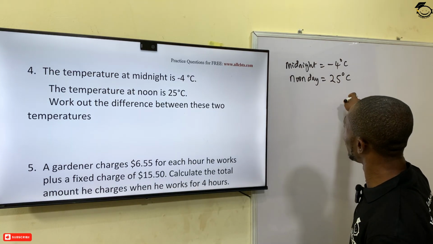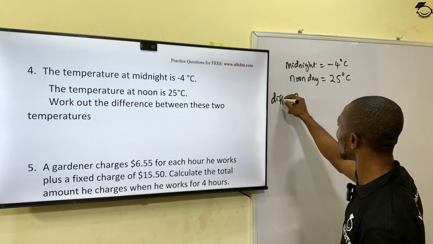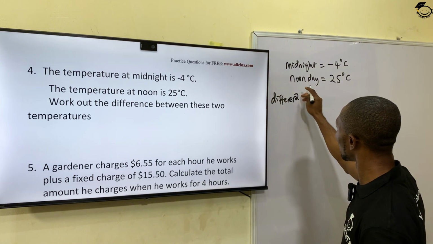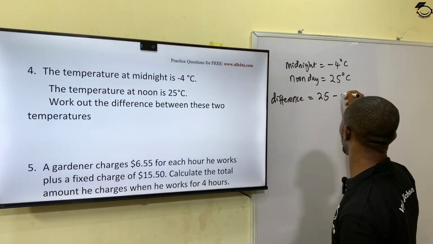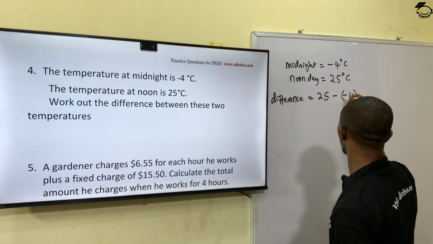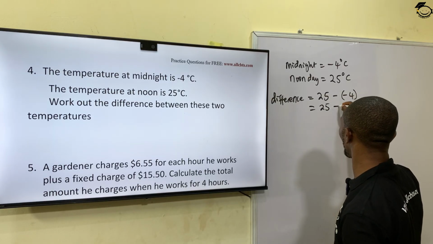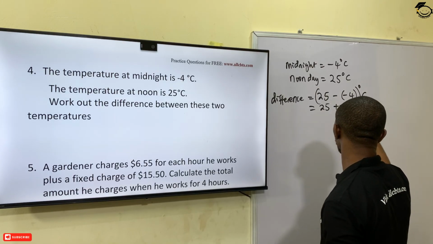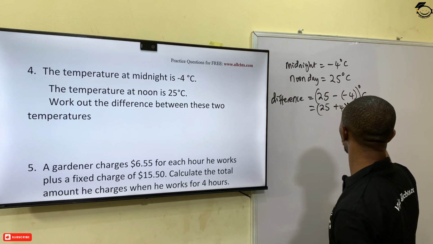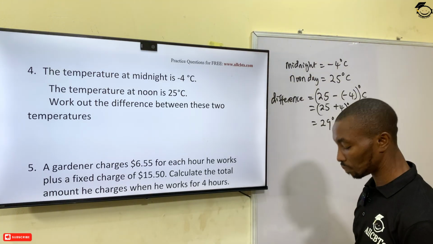So the difference equals 25 minus -4. Minus and minus gives us plus, so this becomes 25 plus 4 degrees Celsius, which is 29 degrees Celsius.